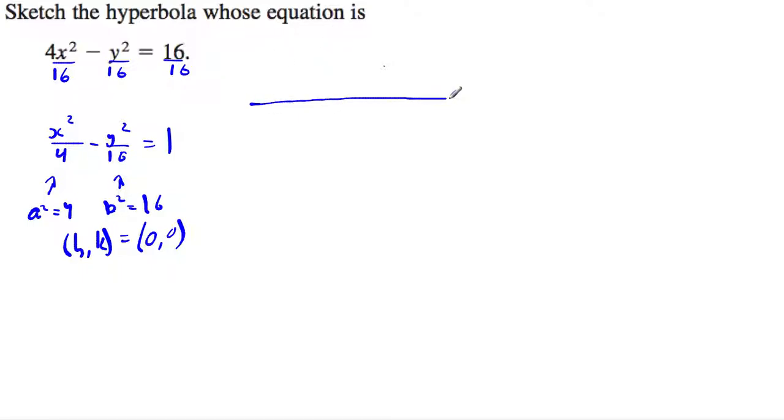So we know we said this is going to be horizontal. So the 0, 0 is the origin. So a squared, this is the distance to the vertex. So a is going to be 2, so 1, 2. So there's one vertex, there's the other vertex. Then we want the foci, which are going to be distances of c.